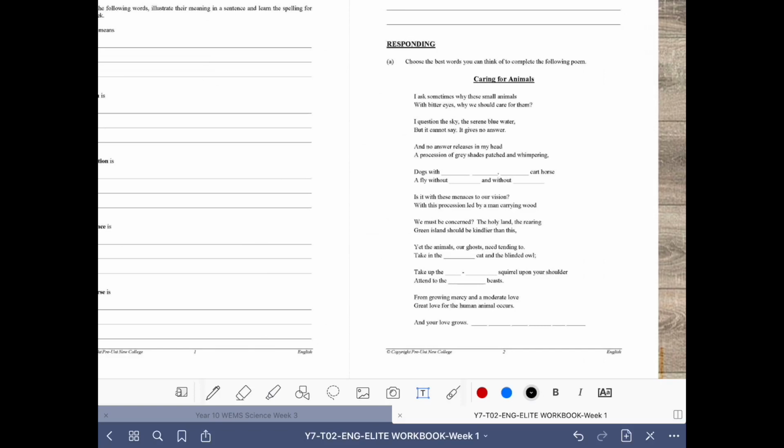So basically you have a version of a poem here that has some of the words taken out. Now the original version is on the next page, but I don't want you to look at that yet. I want you to have a go at choosing words that you might put in there if you were writing this poem.